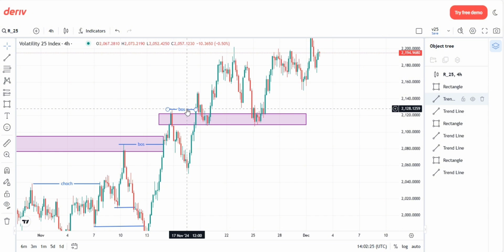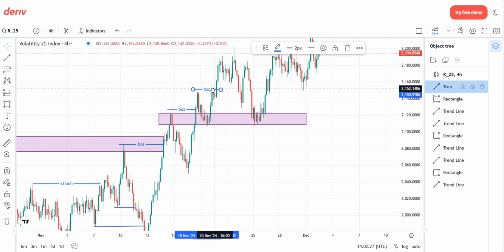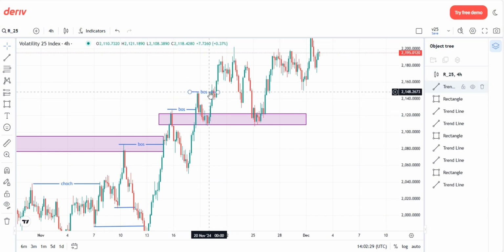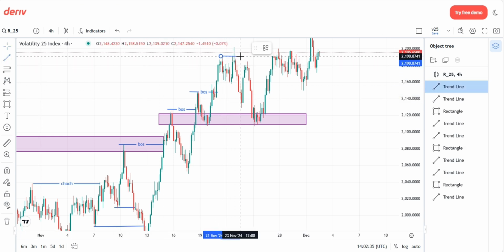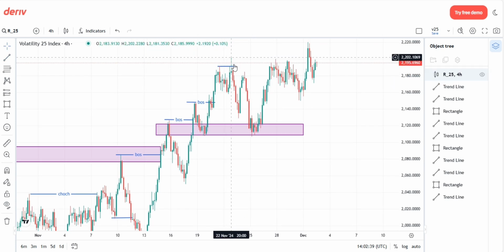After it respected this order block, the market went on to break structure here, and after it broke structure, it created this high, which was later on wiped here. We can see this wick here wiped the pending orders that were available in this area.